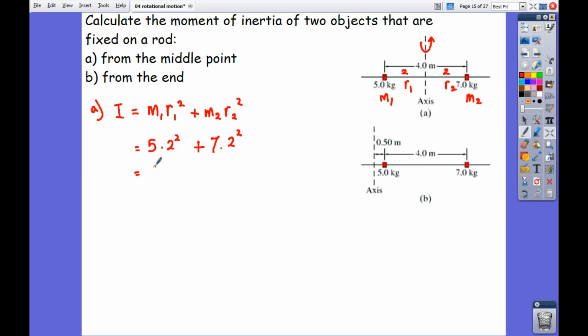We have 20 added by 28 equals 48. The unit of mass is kilogram and the unit of distance is meter squared here.